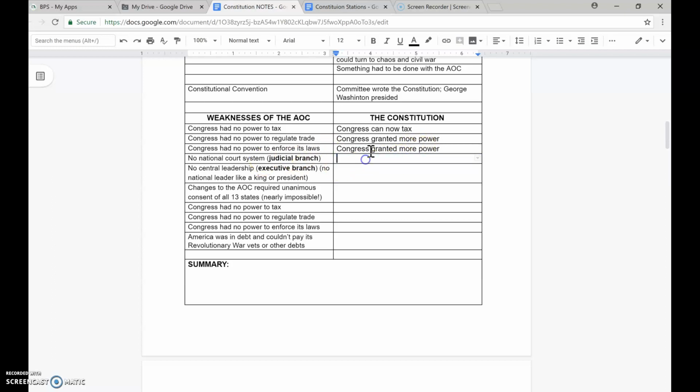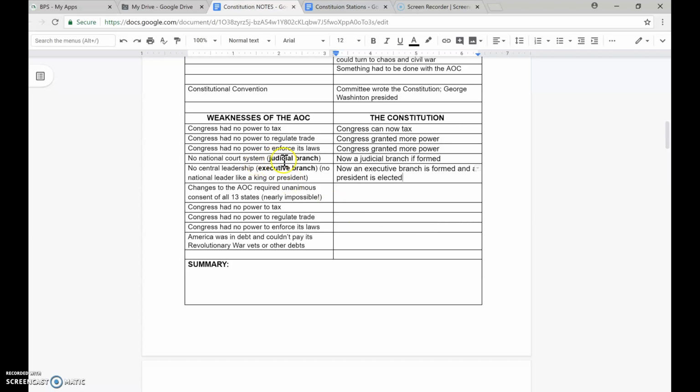No national court system. Now, let's say a judicial branch is formed. Yay. And that was the birth of the judicial branch. Same thing. Now an executive branch is formed. And a president is elected.